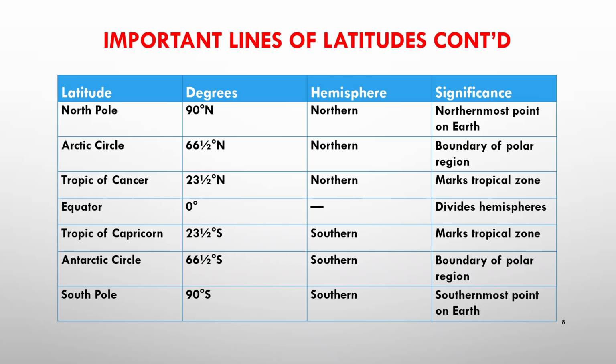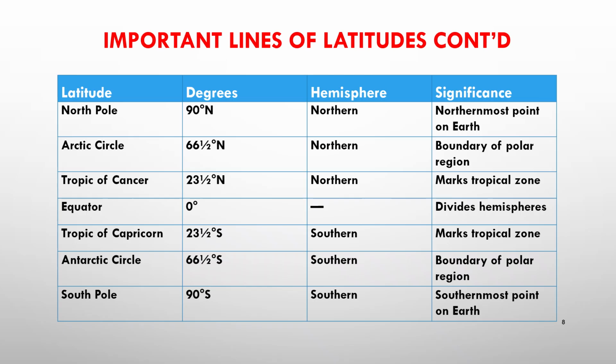This table is a useful reference that you may want to bookmark or write down for future study. So we have latitude, degrees, hemisphere, and significance in the columns.